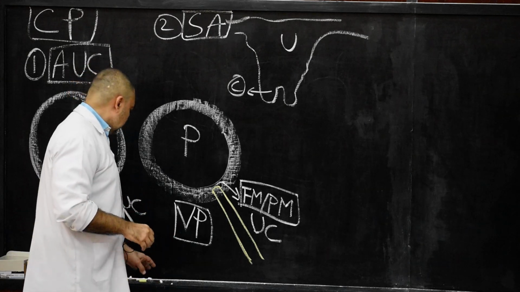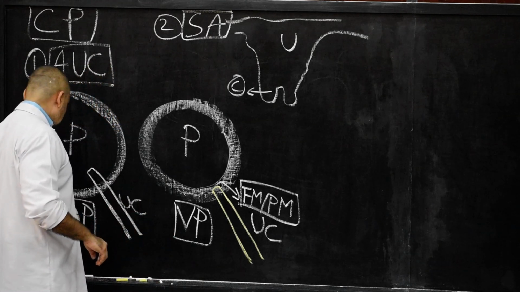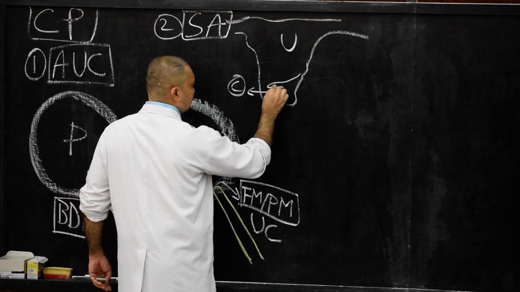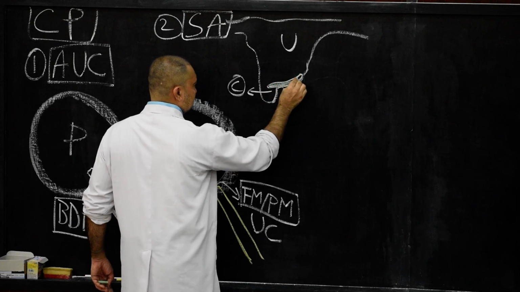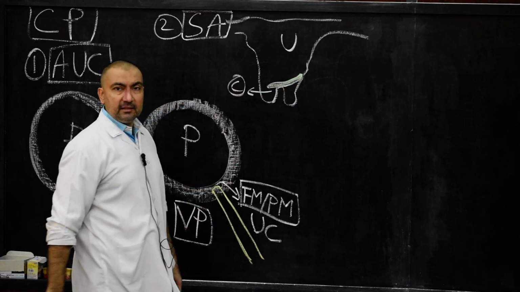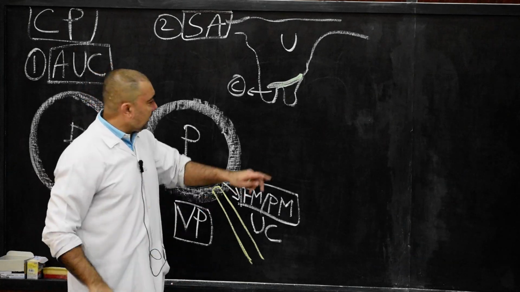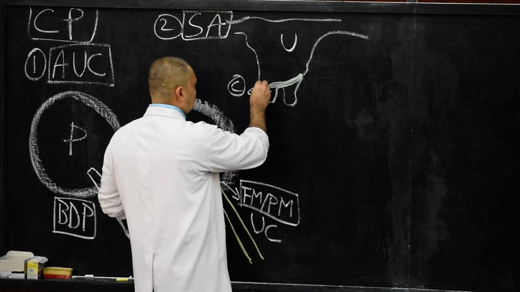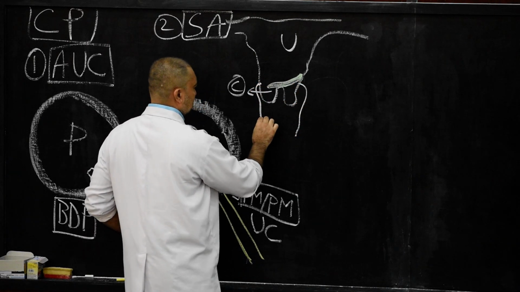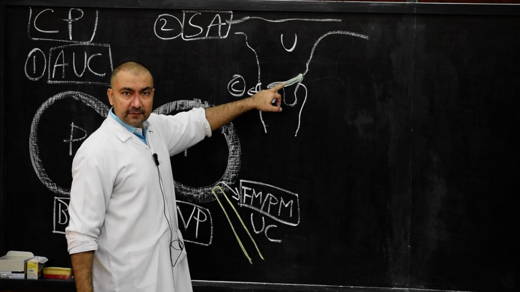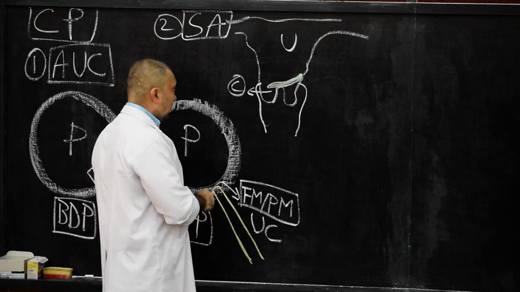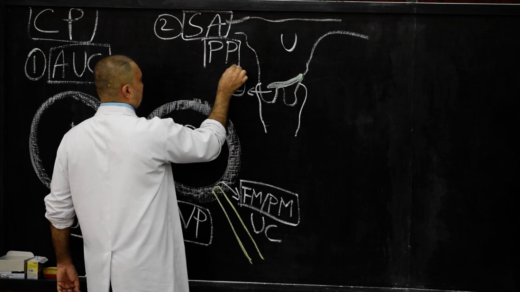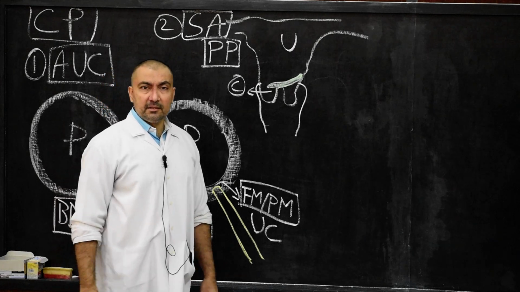If this placenta will be attached on the lower uterine segment, that means the placenta is attached here, overlapping the cervix, and this is how you show the vagina also, in this way. If this is the site of attachment of placenta, then it will be known as placenta previa. Placenta previa.